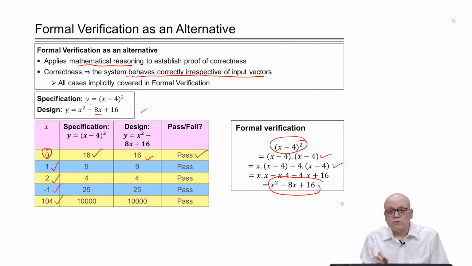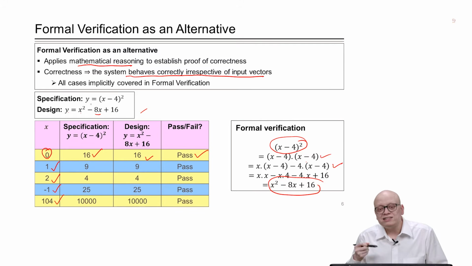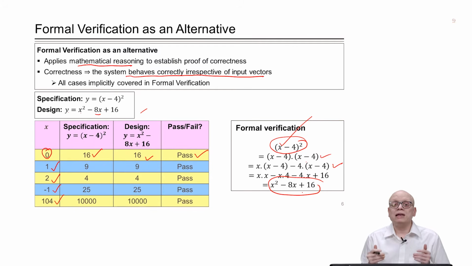Note that the formal verification tool did not use any test vector to establish the equivalence of these two models. It used only mathematical reasoning and deduction. Implicitly, this means that if x takes any integer value, these two models will always be equivalent. So, this is the basic difference between the approach taken by a simulation based technique and formal verification methods.